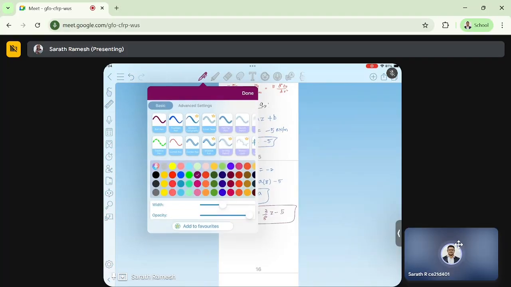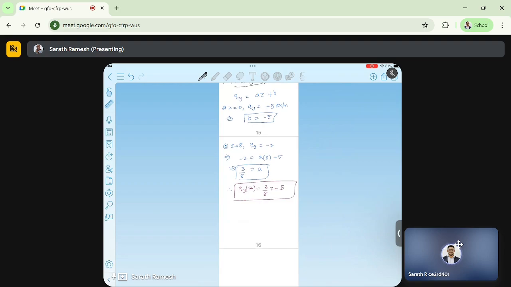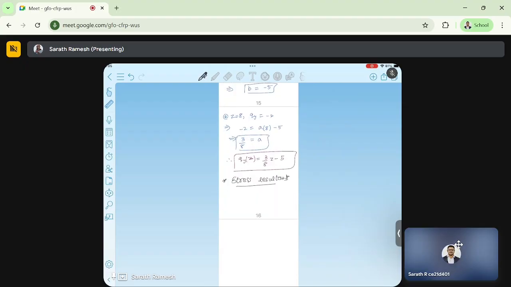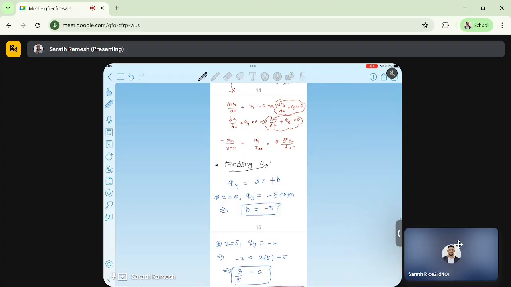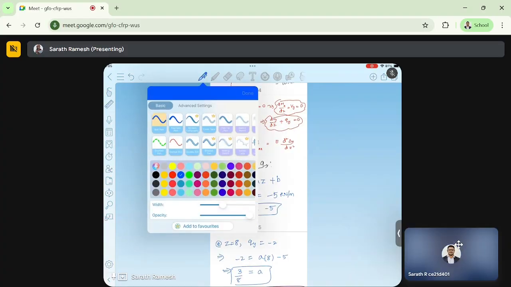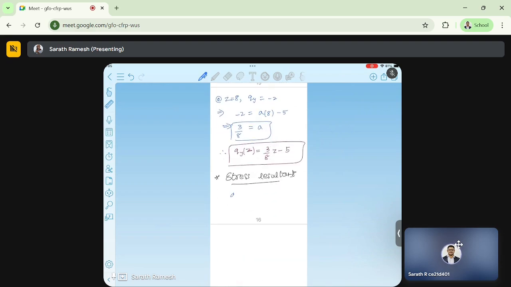Fine. Right. So let's now proceed. First we need to find the reactions and the shear force and bending moment, that is the stress resultants. So we know the equation relating shear and the load, dVy by dz plus qy equal to 0.